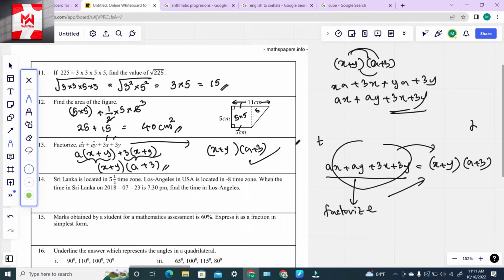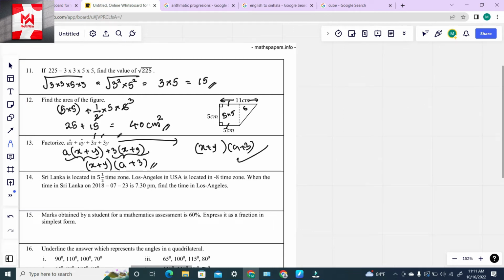Sri Lanka is located in the +5.5 time zone. Los Angeles in the USA is located in the -8 time zone. When the time in Sri Lanka on 2018/7/23 is 7:30 p.m., find the time of Los Angeles.